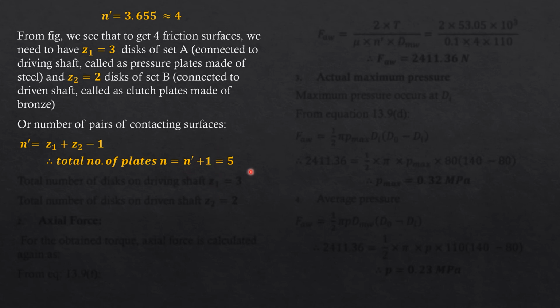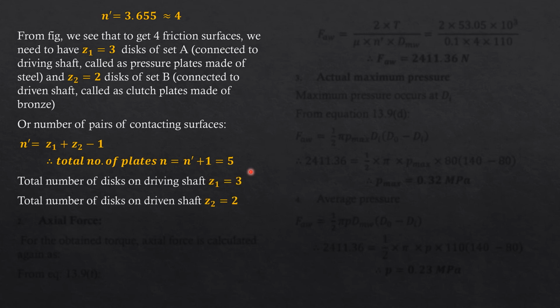Right. Therefore the answer to the second part is also obtained now. That is, n is equal to 5, Z1 equal to 3, and Z2 is equal to 2. All right. Therefore the number of plates is solved.